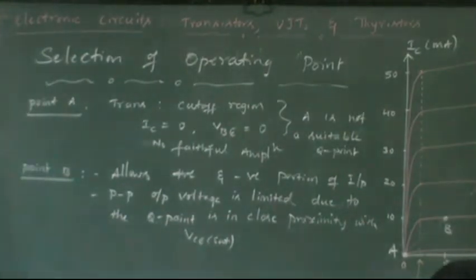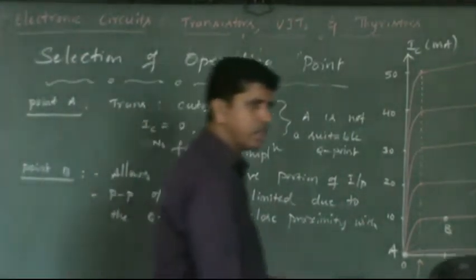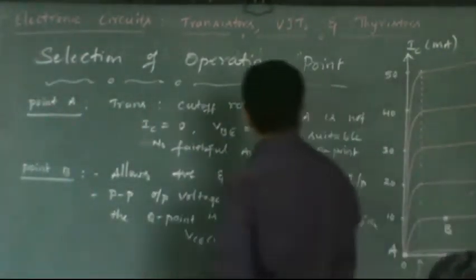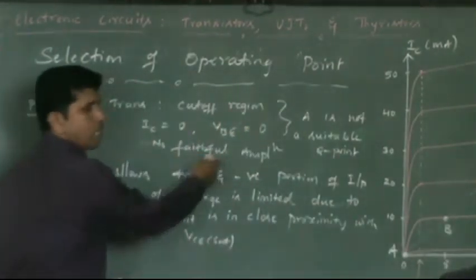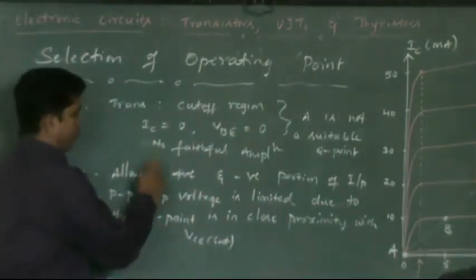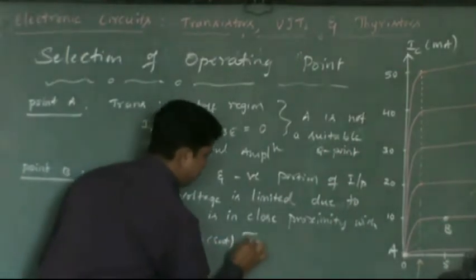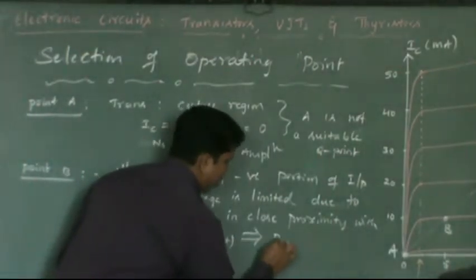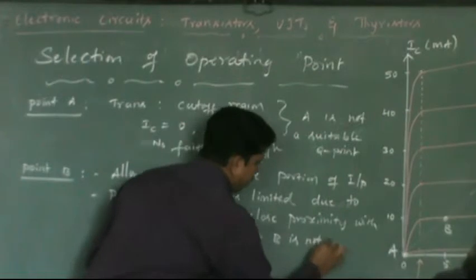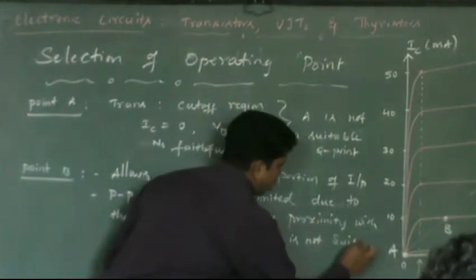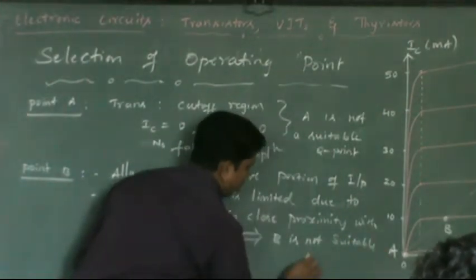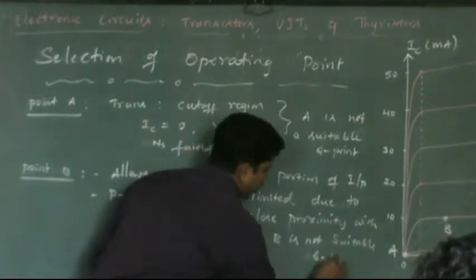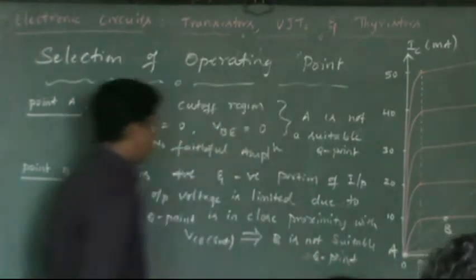Therefore, point B is not a suitable operating point. Same thing you can write here: point B is not suitable for faithful amplification. So this implies that B is not a suitable Q point. That's the reason for point B.